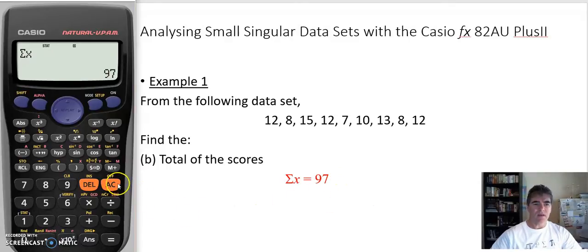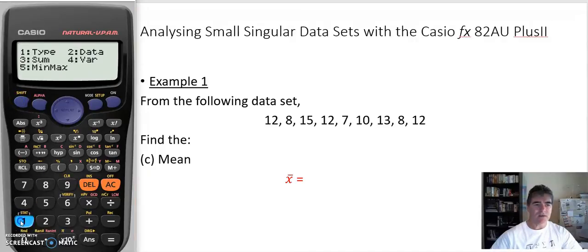So now that we've done that, we can press the all clear button, and we can now try and find the next part of the question, which is to find the mean. Now, if you can't remember, the symbol for the mean is x with a line above it. That means the mean of all the scores. And to find that on the calculator, again, shift 1. So look up there, our 4, our variables, there's our mean symbol, so the number 2 equals, and we get 10.77777777 and an 8.